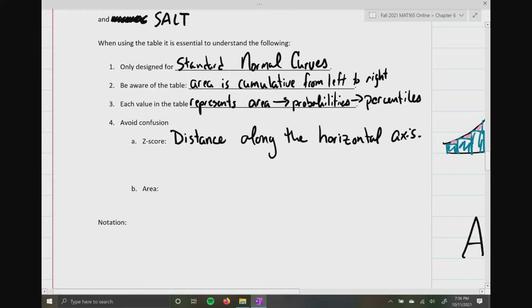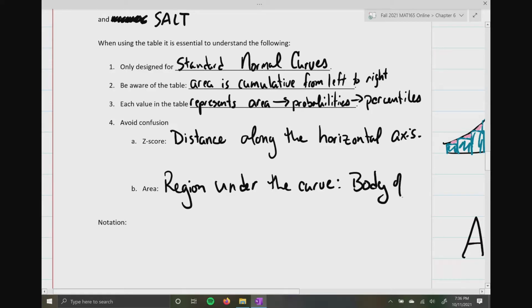Area is the region under the curve. Now, if you're using the table, which I'm going to show you in a second, it's going to be the numbers in the body of the table. So I think what I need to do is show you what this table looks like.